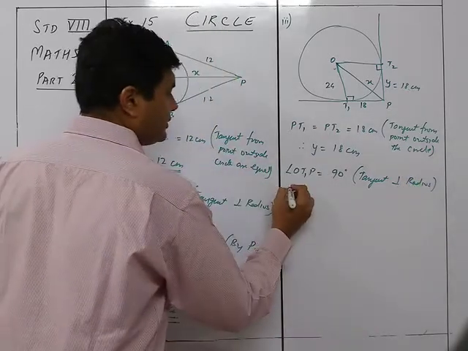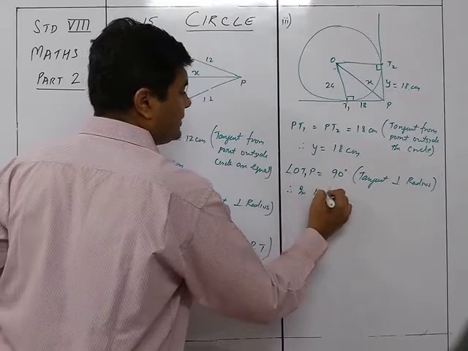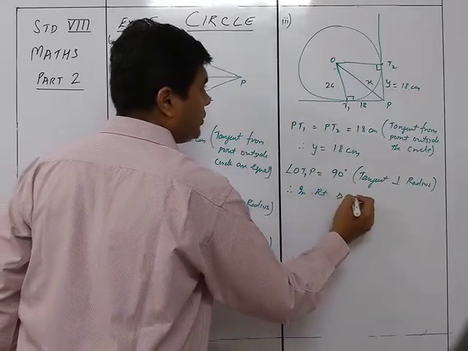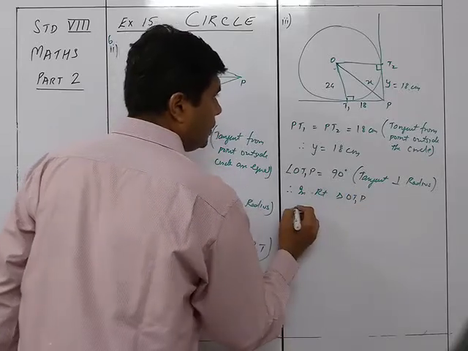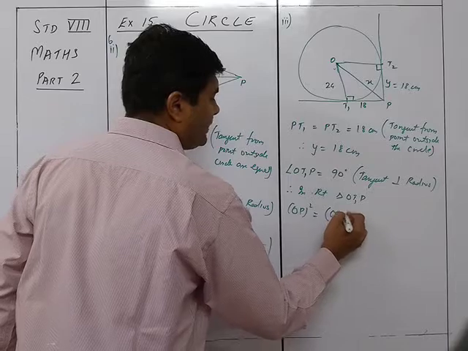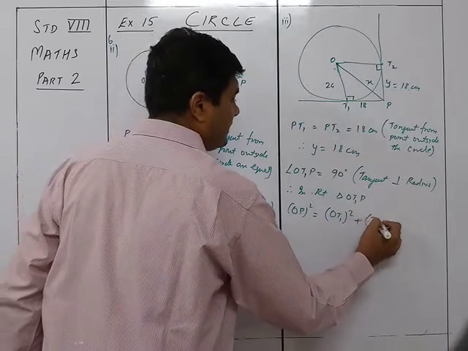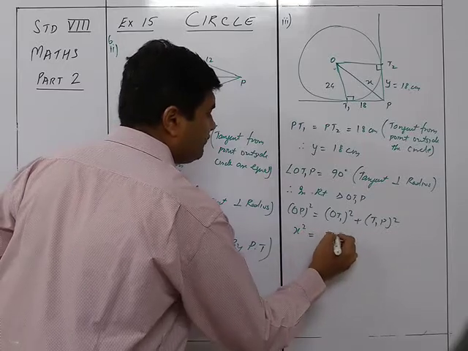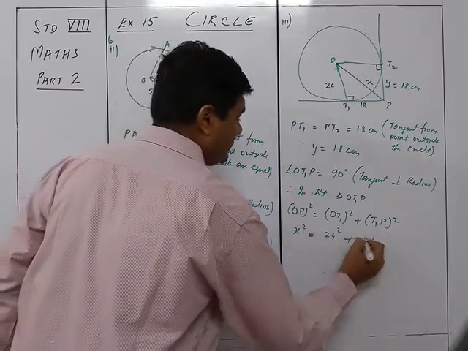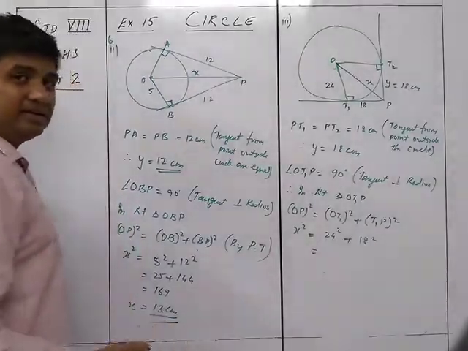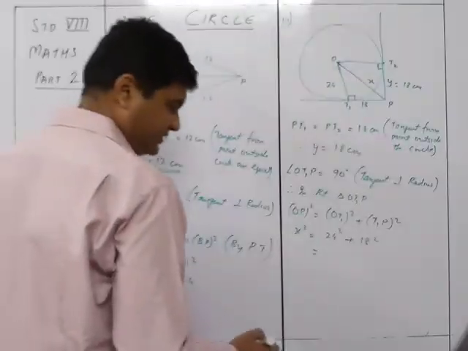So therefore, in right triangle OT1P, OP square is equal to OT1 square plus T1P square. So x square is equal to 24 square plus 18 square. Now 24 square is going to be 576.